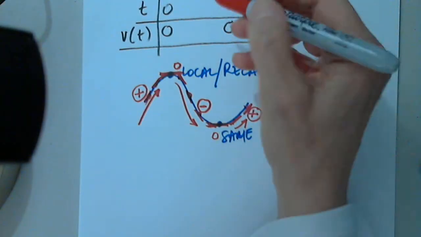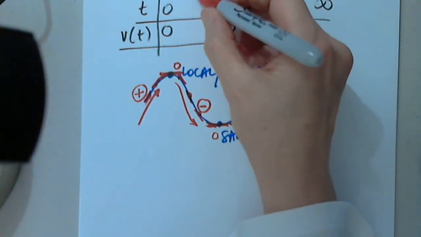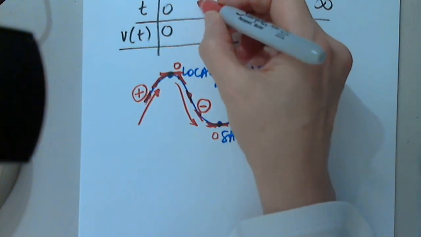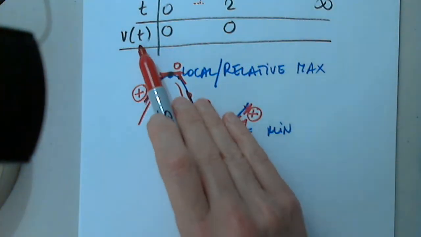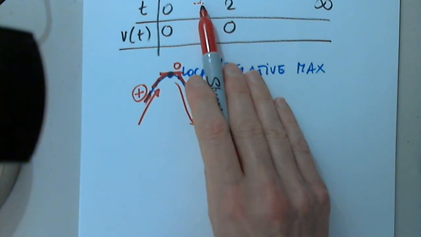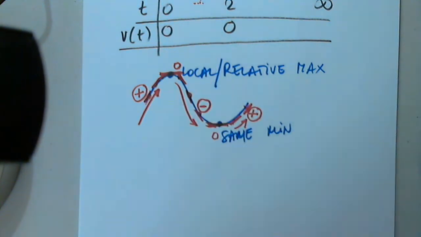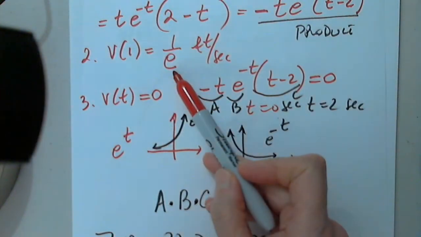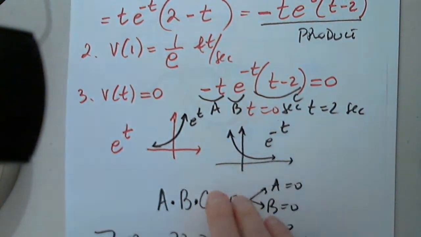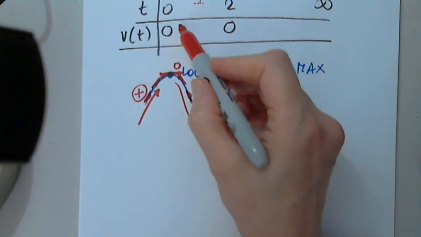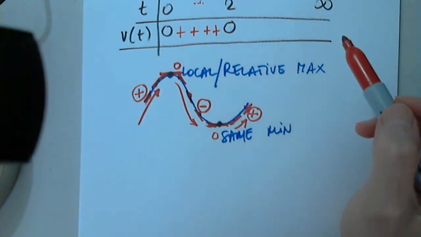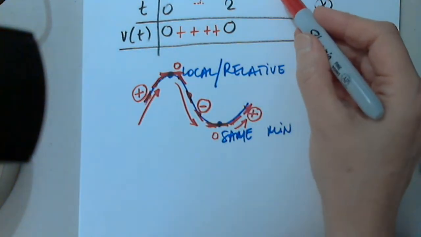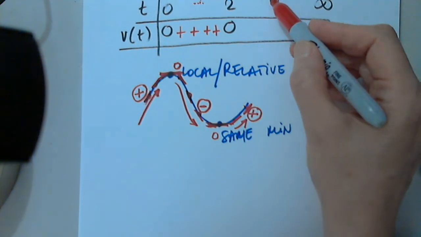I don't need it in the table, so I'm just going to put it like this. In the velocity, I will plug in 1 and see the number, but I already have it because they asked me to determine it. It's a positive number. To the other side, let's say I will plug in 3.